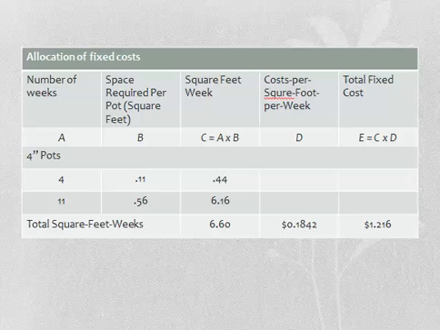If we know the cost per square foot week is 18 cents, then we can easily multiply that 18 cents by the square feet weeks that one poinsettia occupied to find out that one poinsettia in a 4-inch pot should be given $1.21.5 of the total fixed cost.